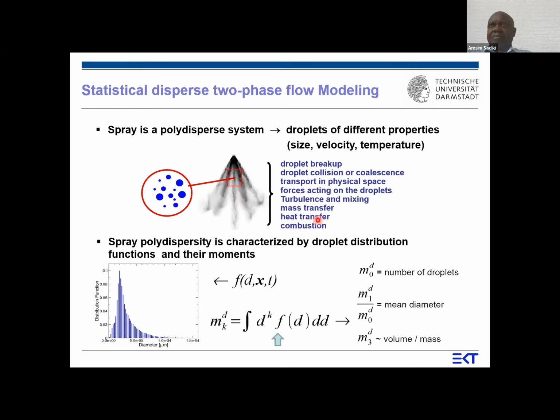That is the series of processes we will now try to capture and describe.